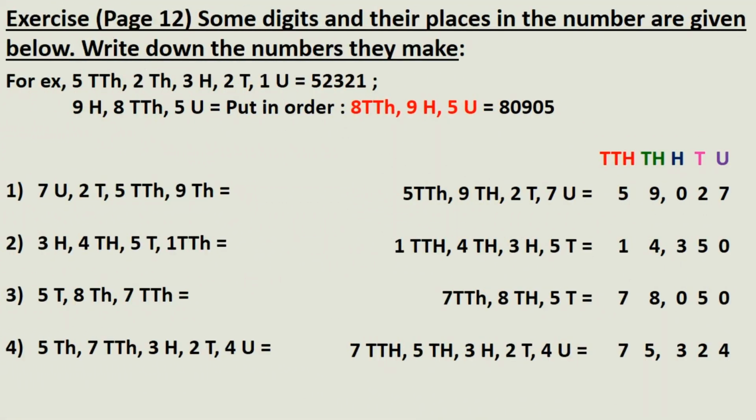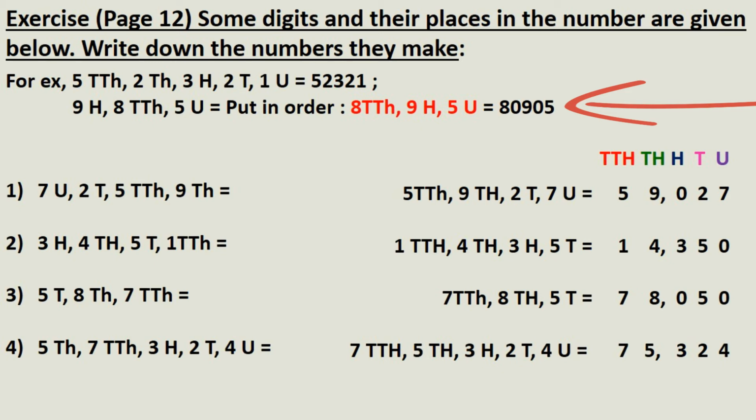We will now look at the next exercise also on page 12 where the digits are given in a jumbled form and then you have to arrange it according to their places and then get the number in standard form or figures.